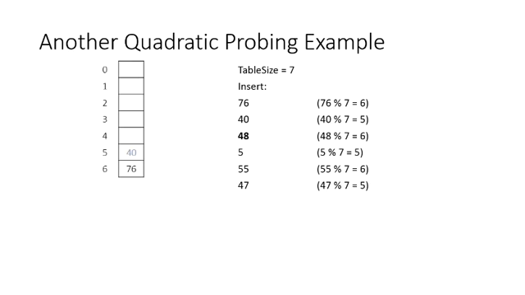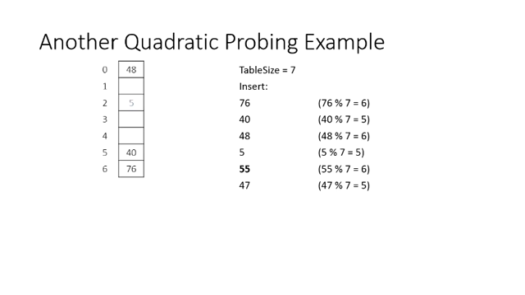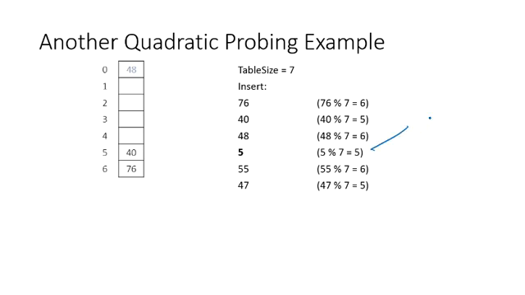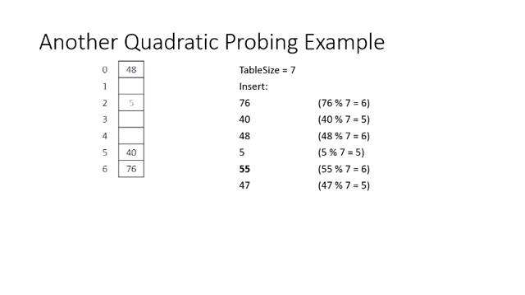With the first collision value it will go to position 0. Then 5 comes: position 5 is occupied, so a collision. So 5 plus 1 square is 6. Again the 6th position is a collision. So 5 plus 2 square is 9, which is greater than the table size, so 9 mod 7 is 2. So 5 will be stored in the second position.